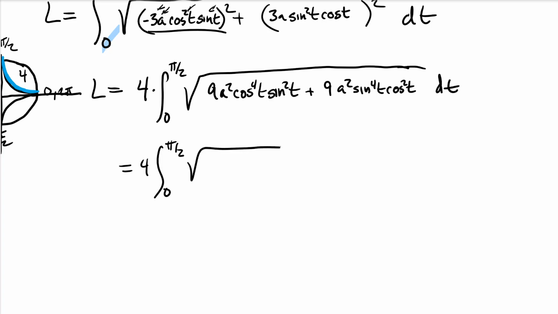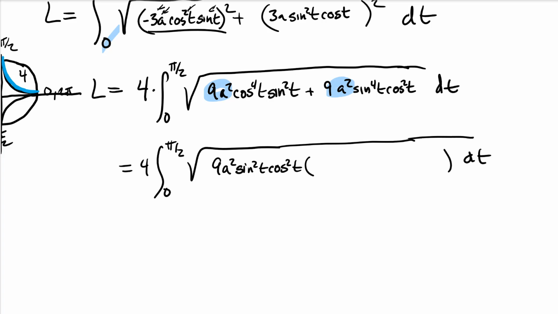Let's do some factoring. See, there's a 9 in common, there's an a squared in common. But there's also a sine squared and a cosine squared, so we're going to yank that out. So we have 9a squared sine squared cosine squared, I'm writing my dt before I forget it, times we would be left with a cosine squared plus a sine squared.